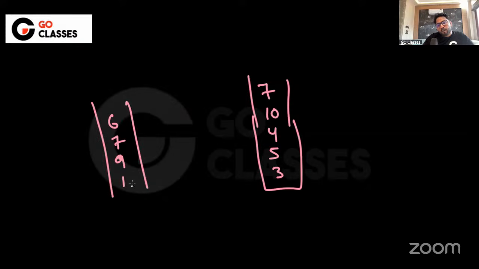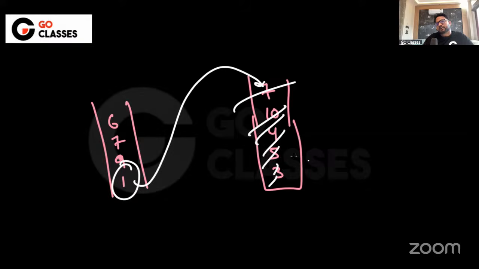The moment 1 is coming, it will pop out everything, and 1 will sit here. So basically the minimum element will sit here, and then obviously no one can pop out this 1. So 1 is permanently fixed.